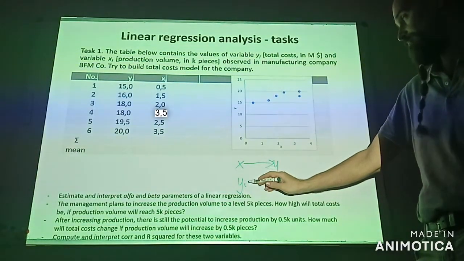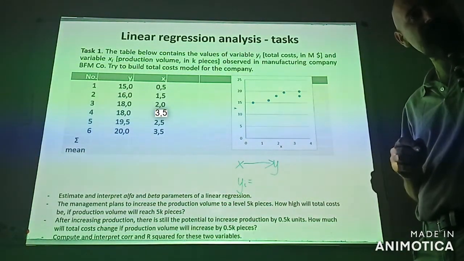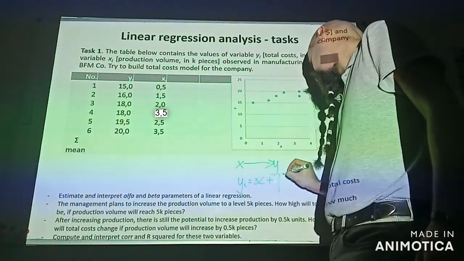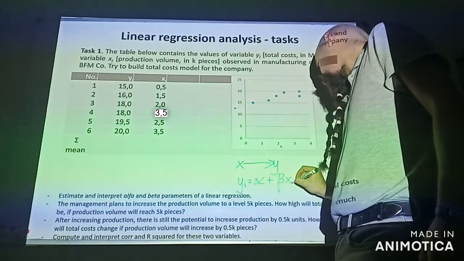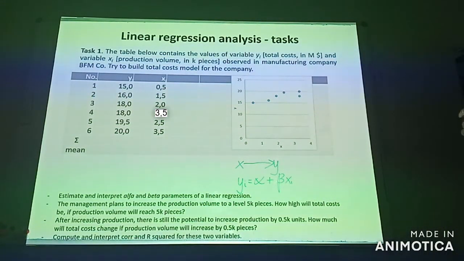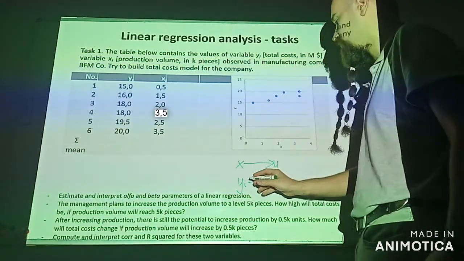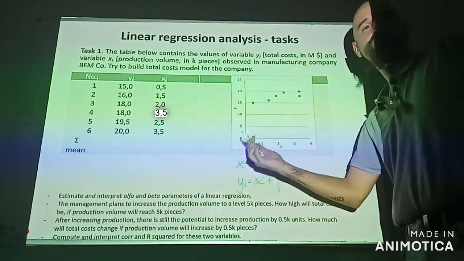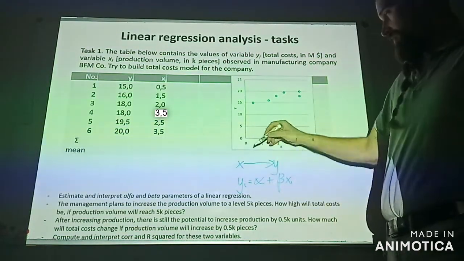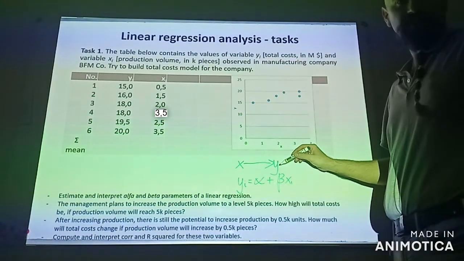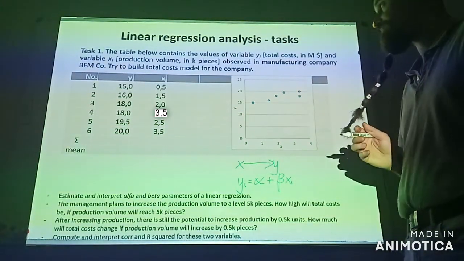It depends on x. yi equals alpha plus beta xi. x is the exogenous independent variable. y is the dependent variable because we know from the theory that x affects y, not inversely.